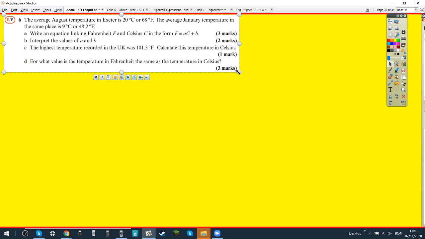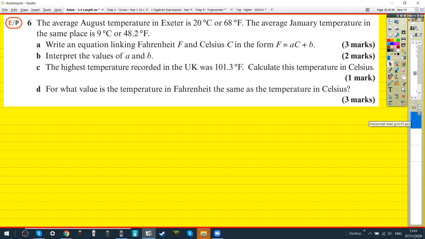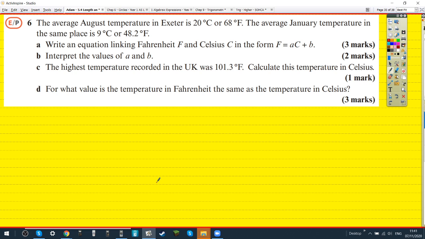Okay, what is part A for this? So do you do them as simultaneous equations first?